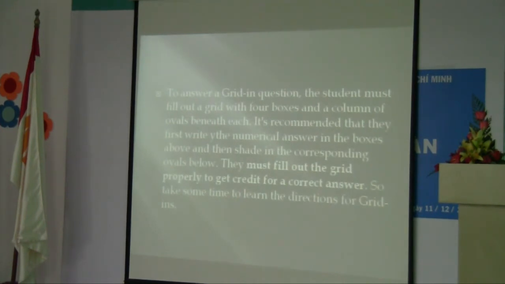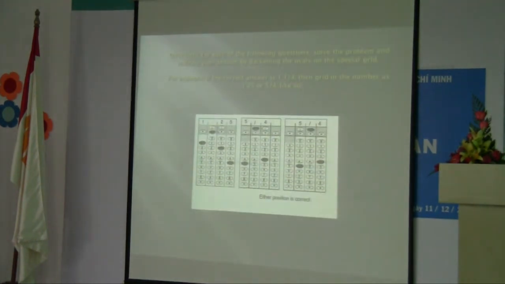To answer this, the students must fill out the grid with 4 boxes in a column of ovals, and so on and so forth. Now, this is an example of the grid-in question. The teachers of mathematics are expected to come up with this kind of grid-in answer sheet.